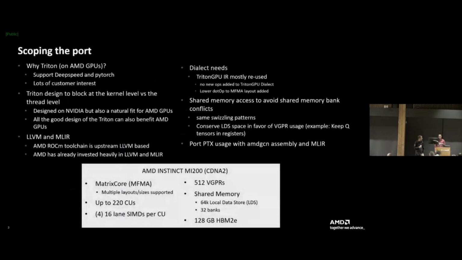So, scoping the port. Beyond the needs of dependencies, for DeepSpeed or even PyTorch, we had to see: does this map well to our hardware? Is this worth doing? And the answer is absolutely yes. While I was building this chart, I was looking for supporting evidence, and I didn't have to look far.